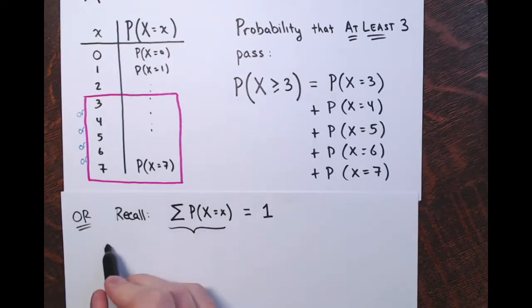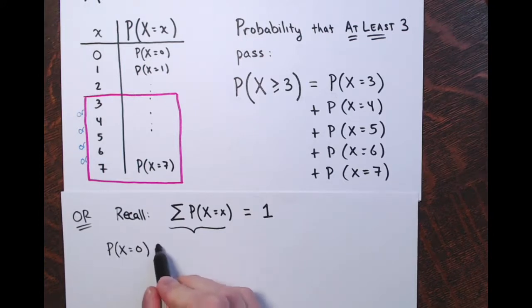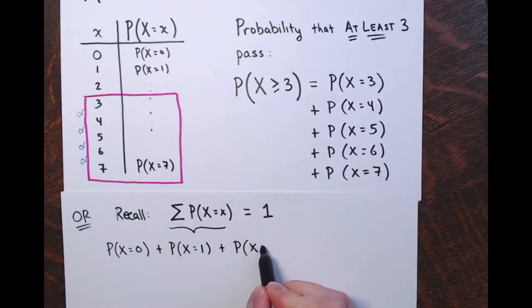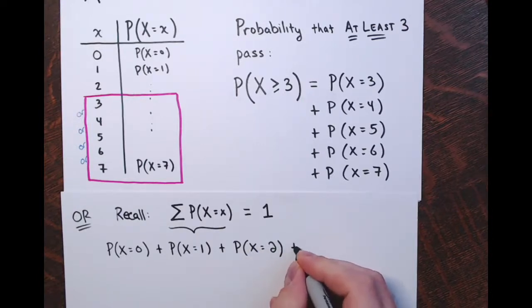That would be the probability that you get no successes plus the probability that you get exactly 1 success, plus the probability that you get exactly 2, and then plus, now, see the rest of this?